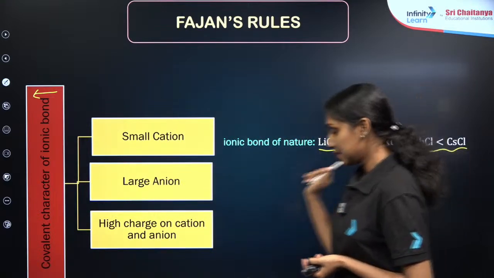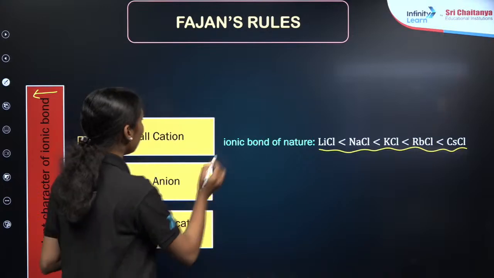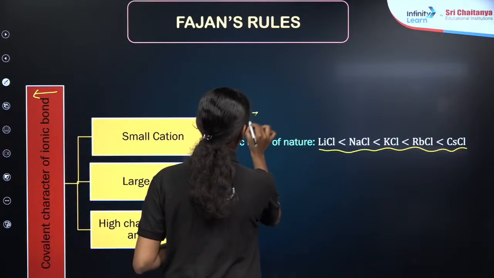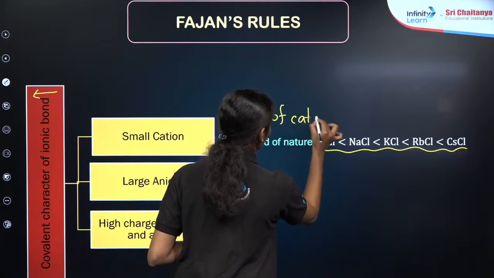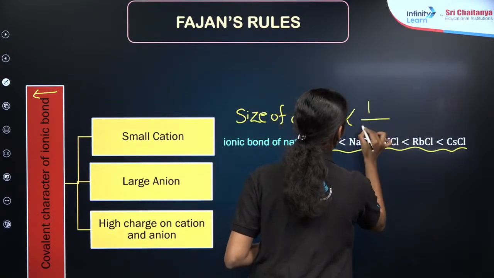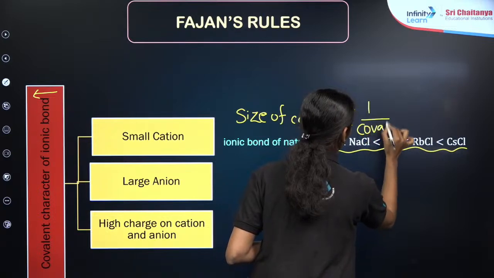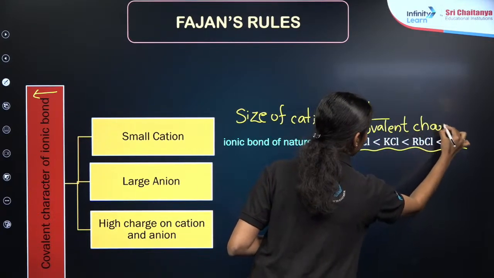Size is increasing, right? The size of the cation is increasing here, which means that as the size of the cation increases, the covalent character of the ionic bond decreases. There is an inversely proportional relationship, right?